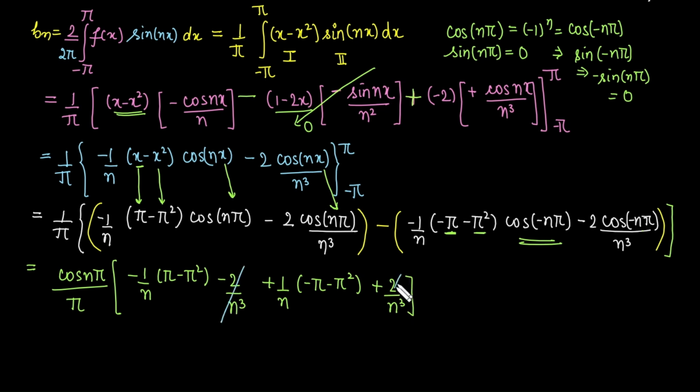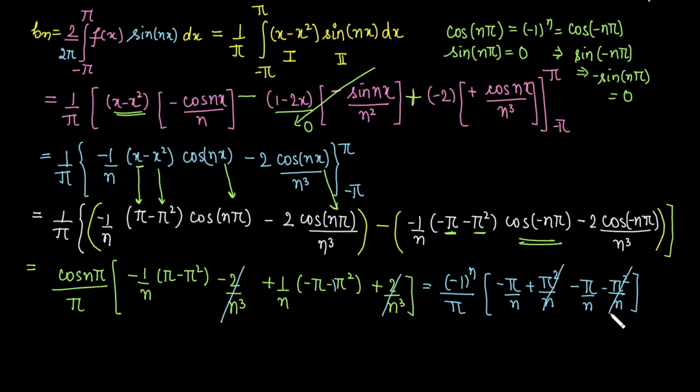This term gets cancelled with this one. Simplify this. This is equal to minus 1 raised to power n upon pi, and in this case minus pi by n. This is minus minus plus pi square by n, and in this case minus pi by n and minus pi square by n. Again this term gets cancelled with this one.